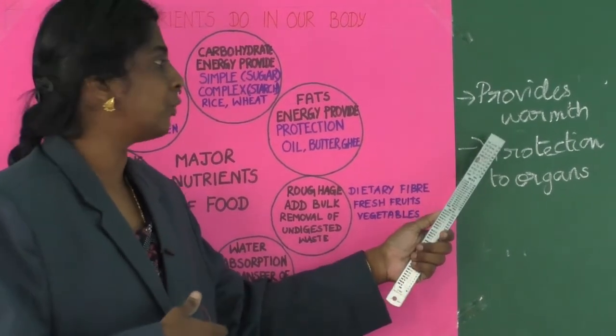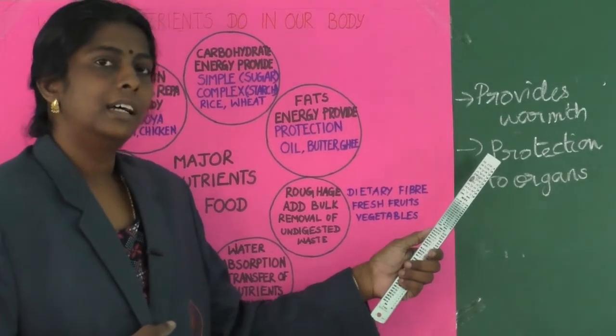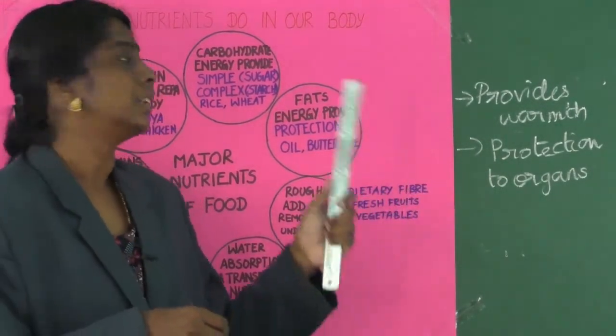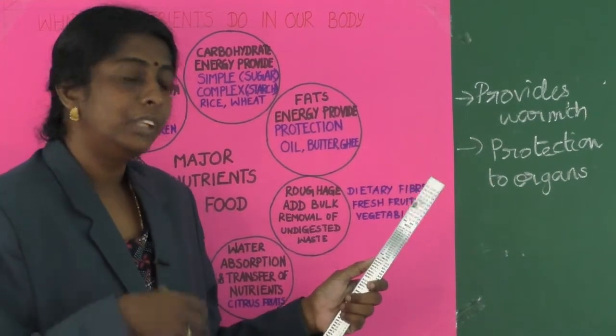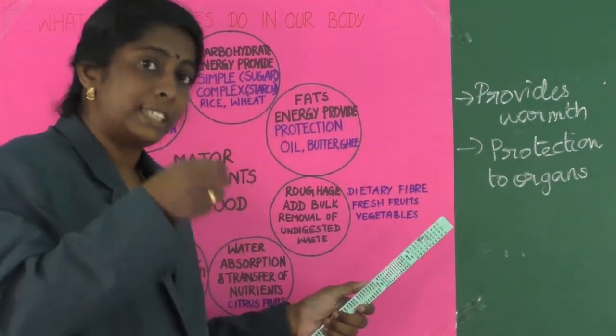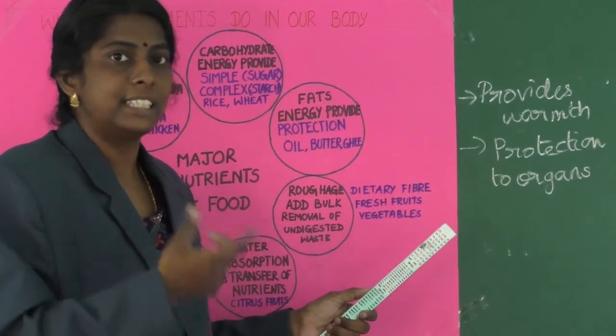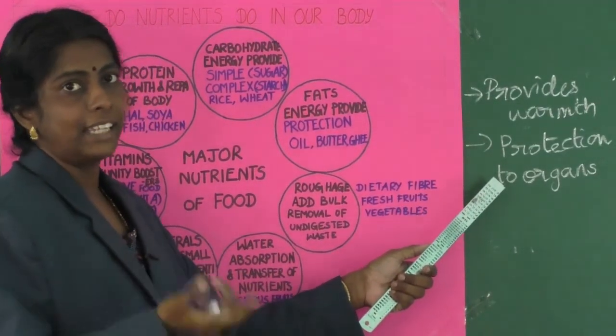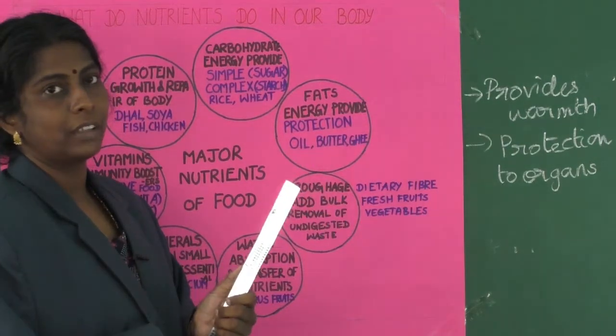And in certain organs such as eyes and kidneys and all, this fat layer will give protection to the respective organ.